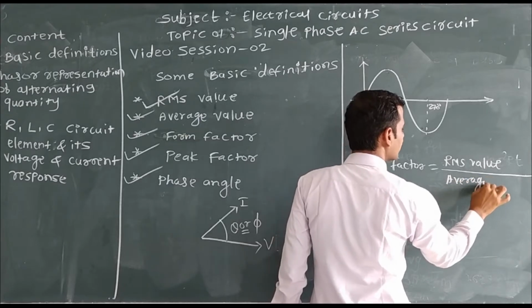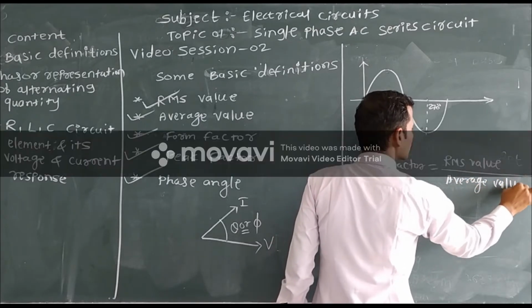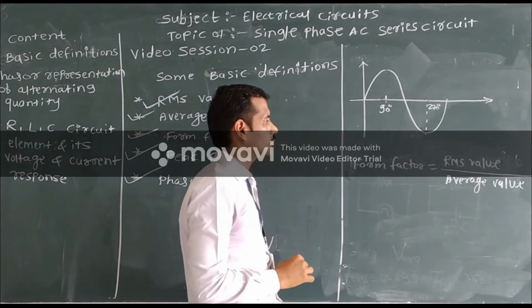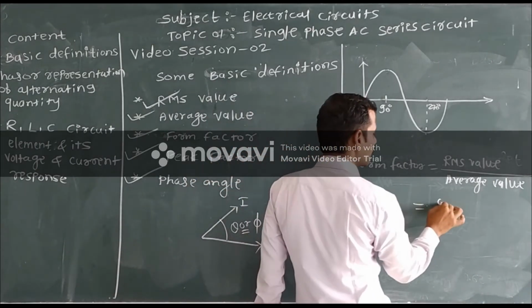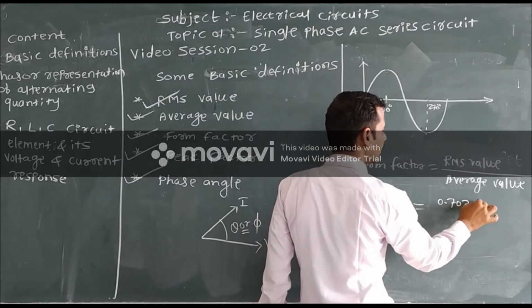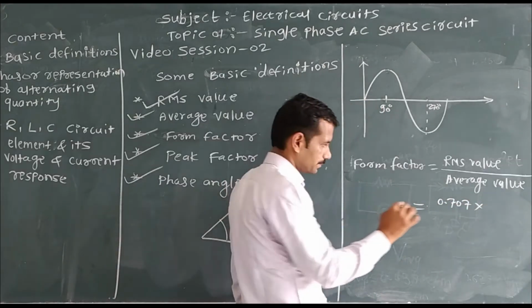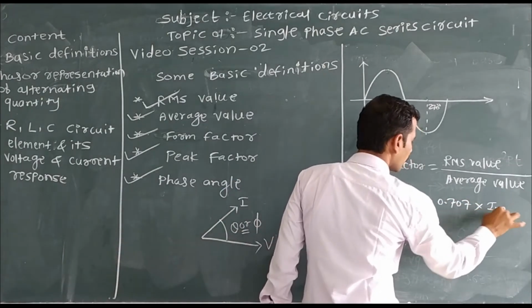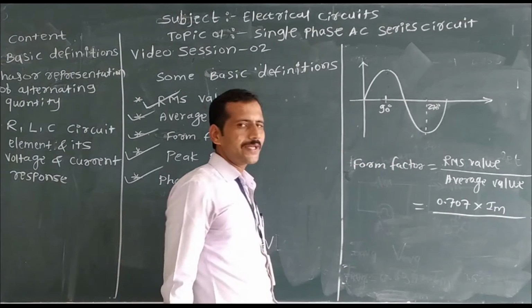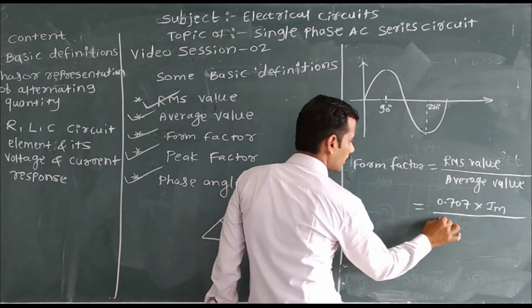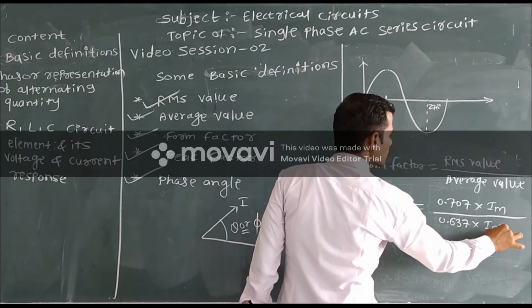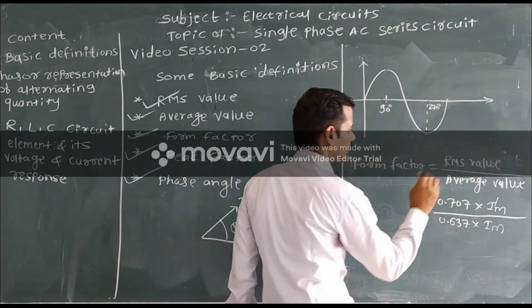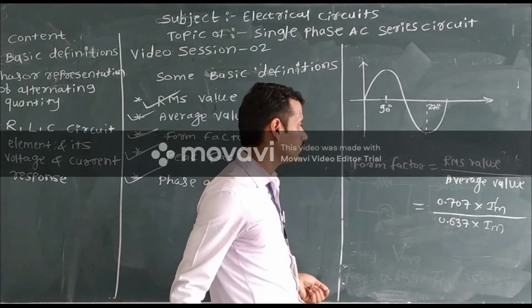We have seen the RMS value and average value formulas. RMS value is 0.707 into IM, and average value is 0.637 into IM.